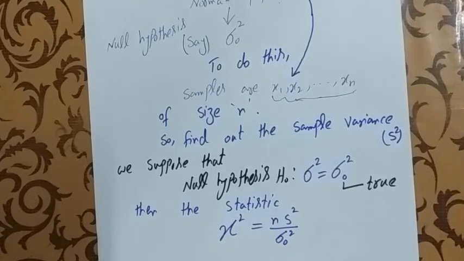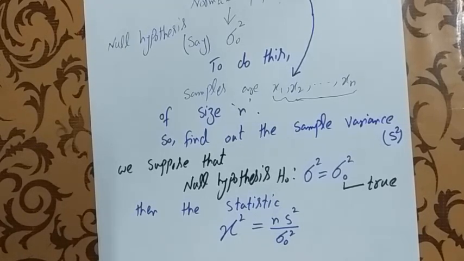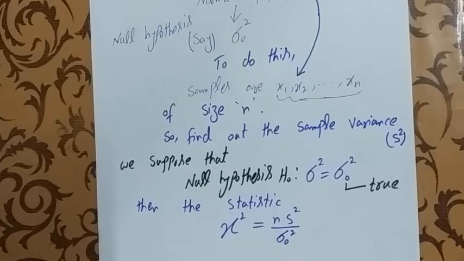Class, here we are using the formula for the biased distribution. When we apply the test of chi-square distribution, normally we always use the formula for the biased test.